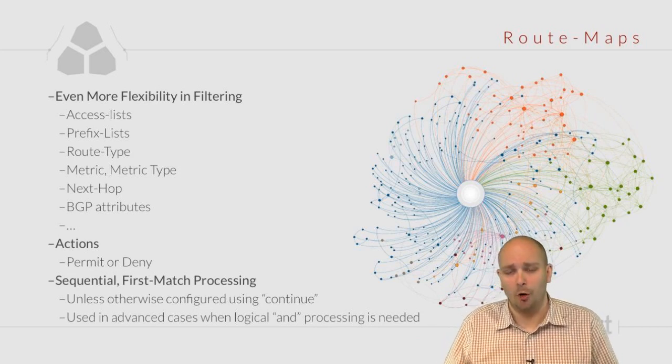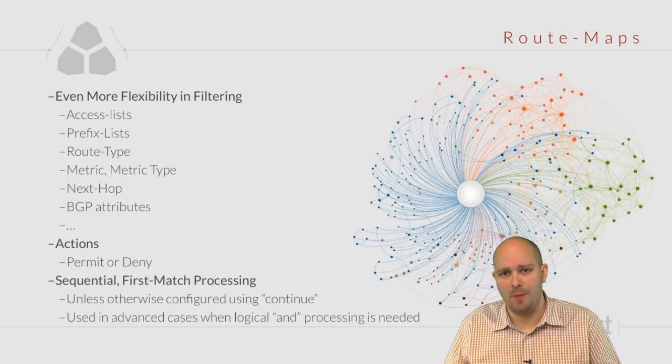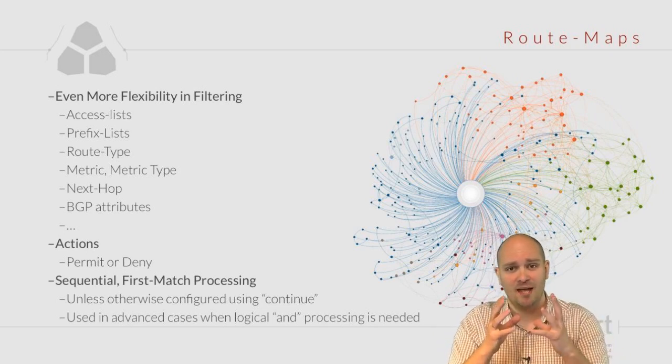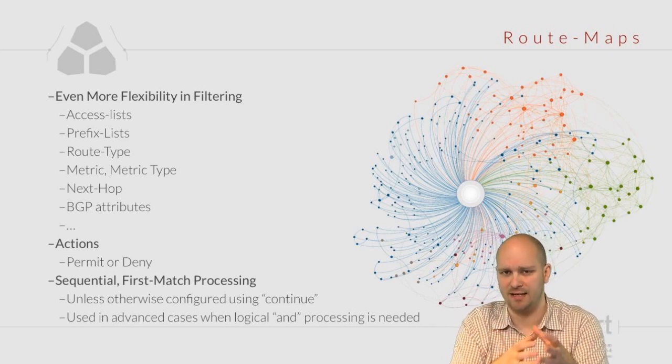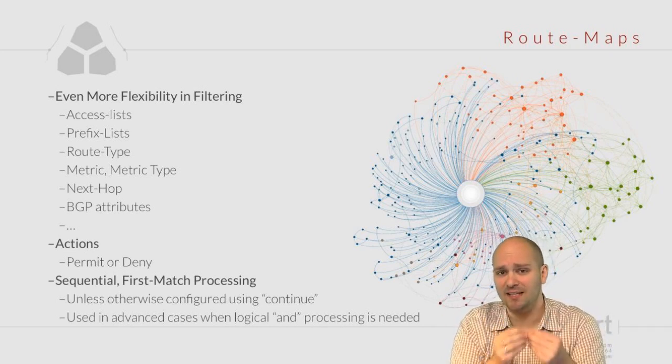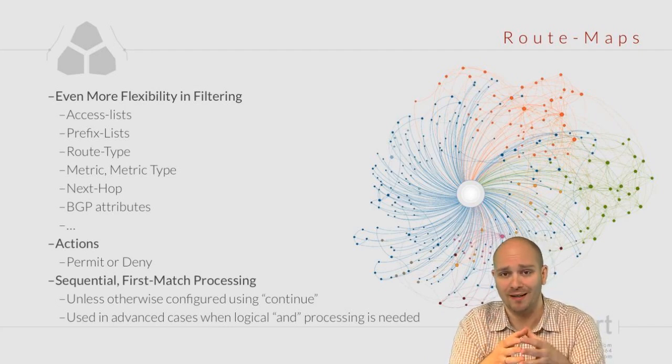What route maps do though, and prefix lists as well, is first match processing. That means if the route map entry, whatever the match criteria inside the route map entry, is satisfied, the route map processing ends and the action permit or deny will be taken.